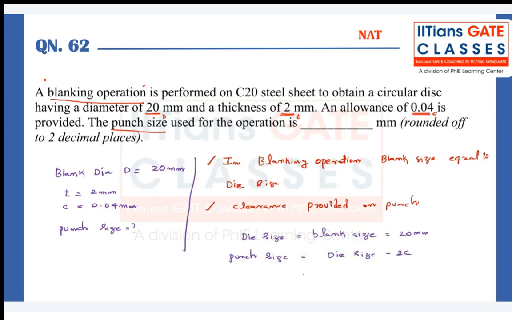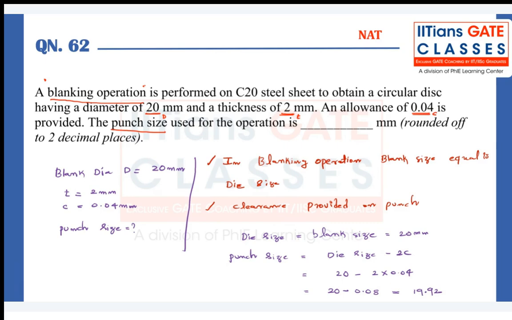What is die size? 20 mm. 20 minus 2 into 0.04, such that it is 20 minus 0.08. Now it is going to be 19.92. What do you say, guys?